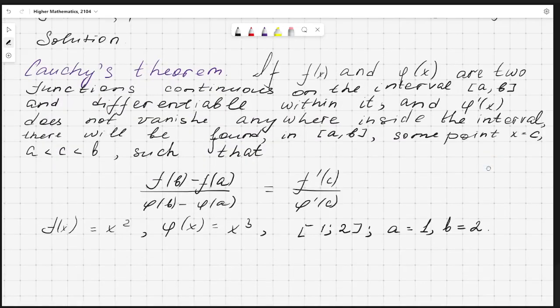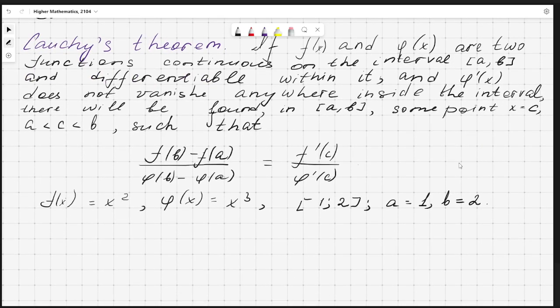Consider the conditions of Cauchy's theorem. The first, f of x and phi of x are continuous functions on the interval from 1 to 2.